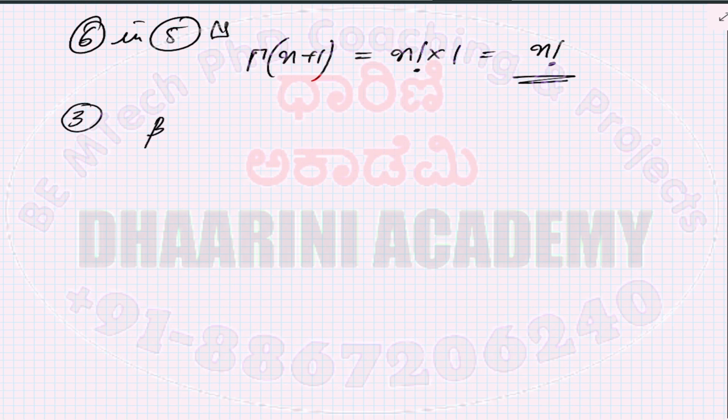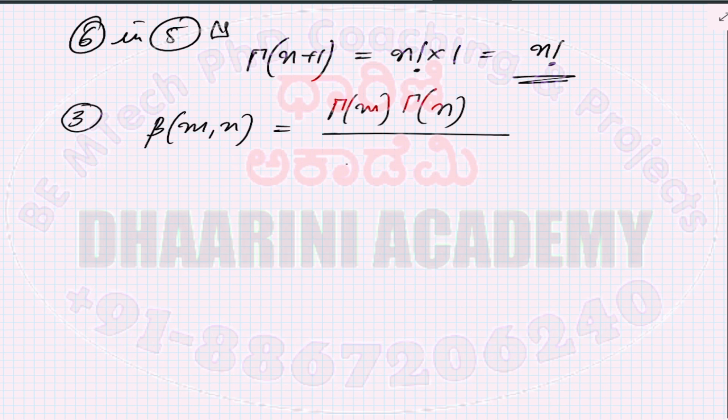Beta of m comma n is equal to gamma of m into gamma of n whole divided by the gamma function of m plus n. You see that left hand side is beta, right hand side is gamma function. So if you are not able to solve any given integral using a beta function, definitely you can replace it by the gamma functions which is present on the right side. Okay, that's why it is very important.